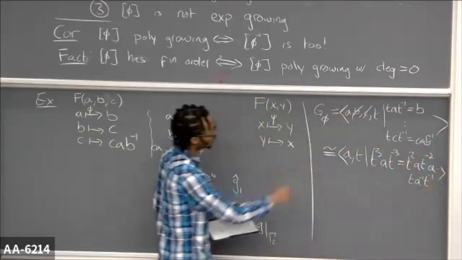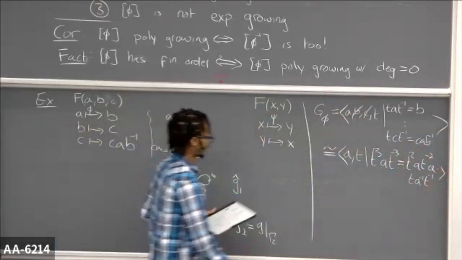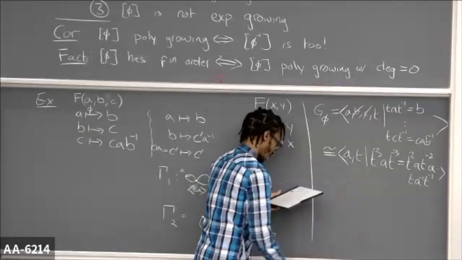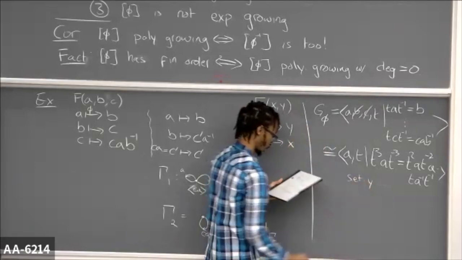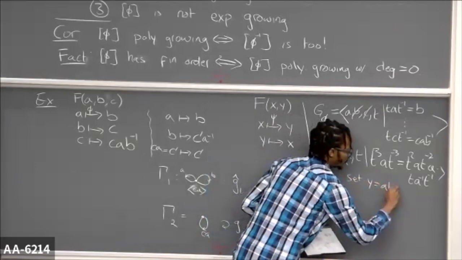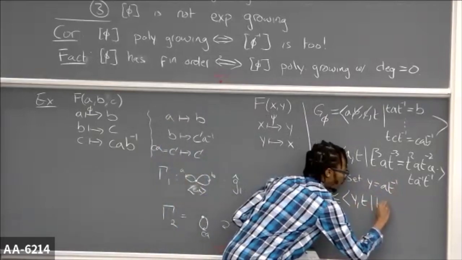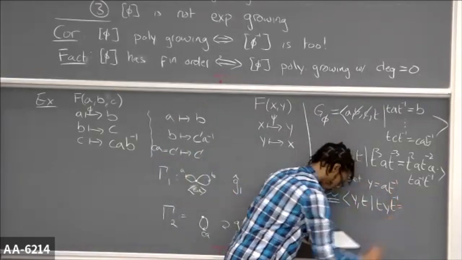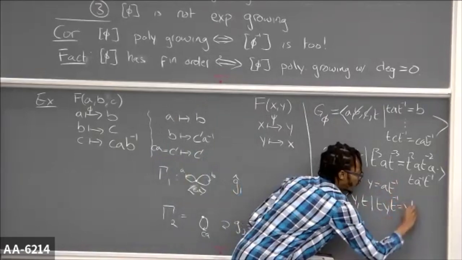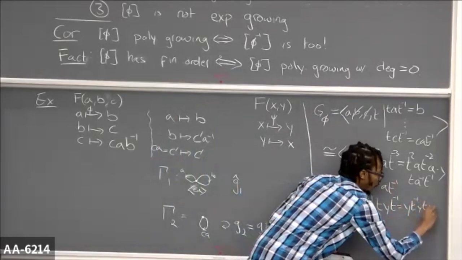So I now have a two generator, one relator group, and I can set Y equal to A T inverse, and this becomes T Y T inverse equals Y T inverse Y T Y inverse.